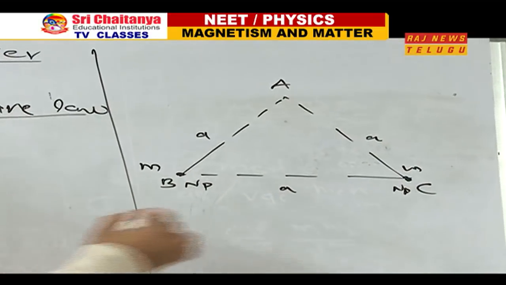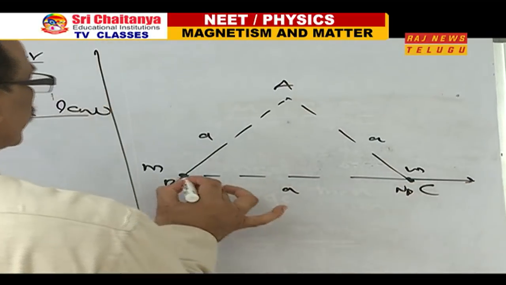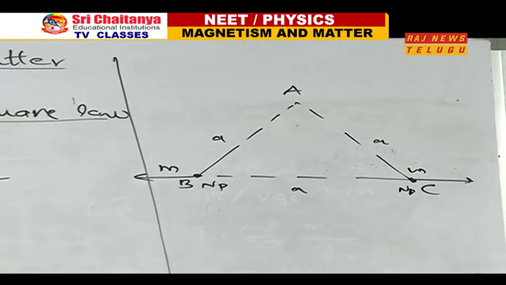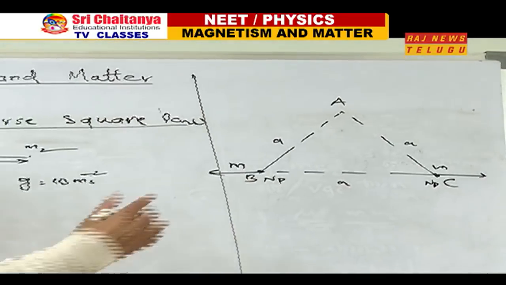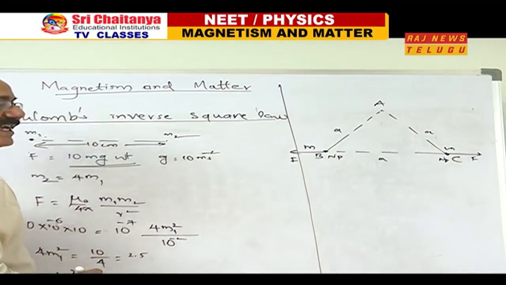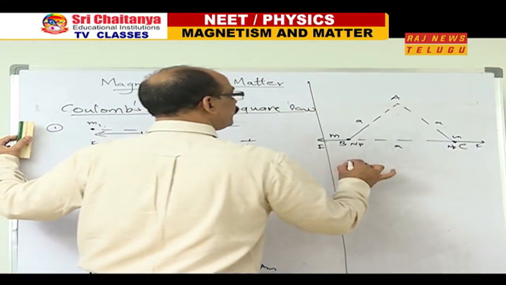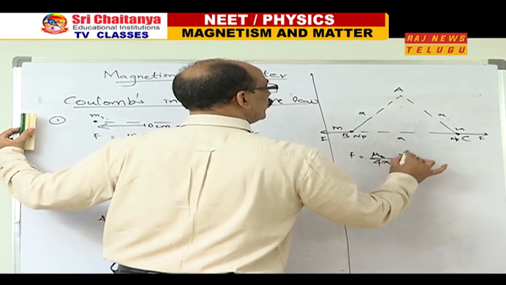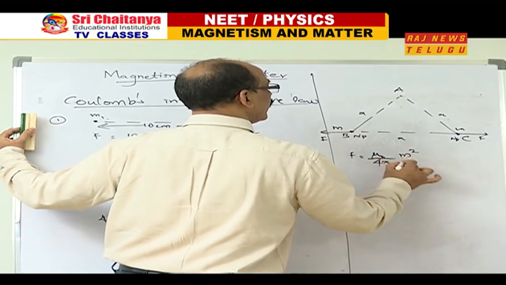So they repel each other, so force on this by this, force on this by this, are of equal magnitude, because force between two magnetic poles obeys Newton's third law. So this is F by magnitude, this is F by magnitude, but they are opposite in direction. So that F by magnitude is mu naught by 4 pi into M square over a square.